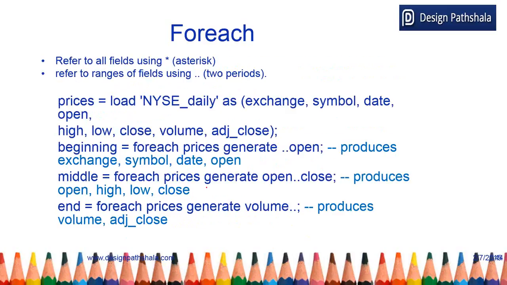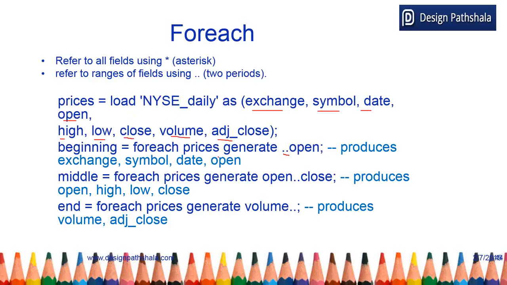But there are a few other things which you can use for each. If you define something like this, dot open, that will take all the columns prior to open. In this example, I have loaded nine variables.